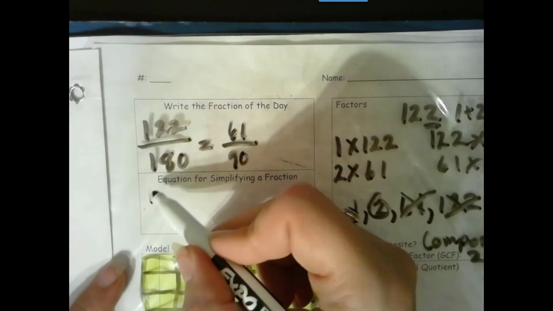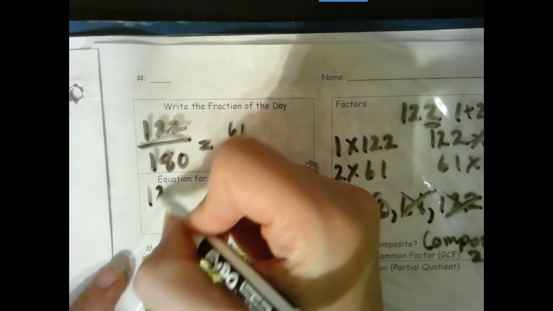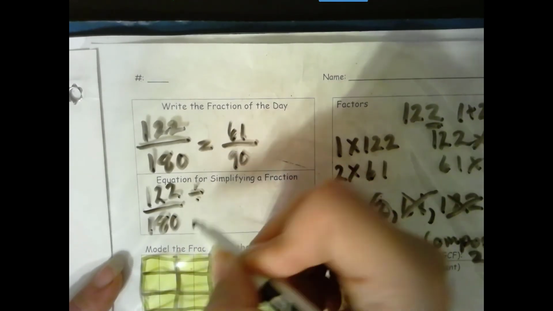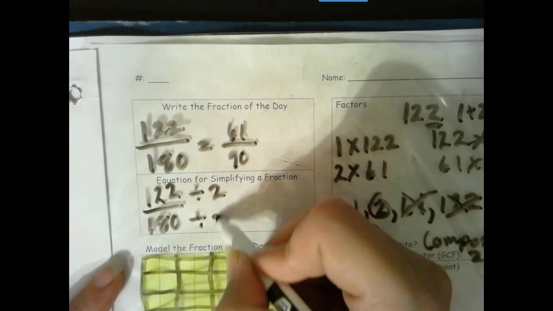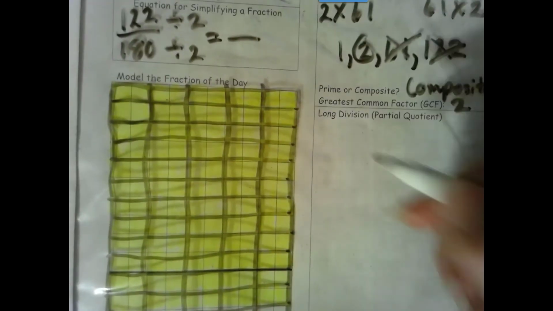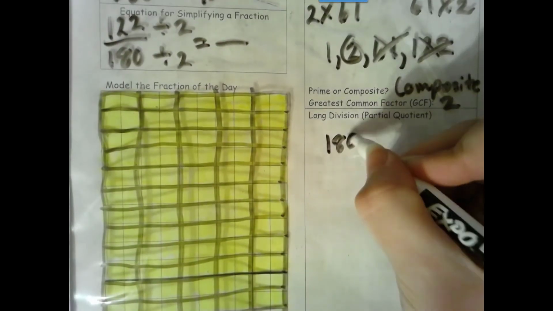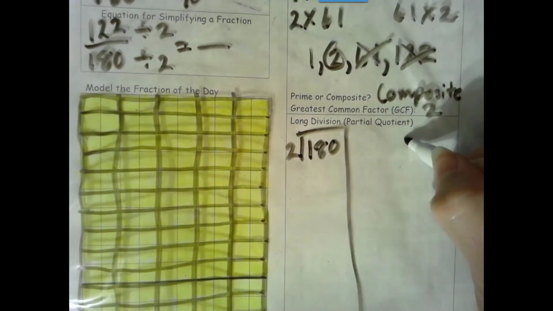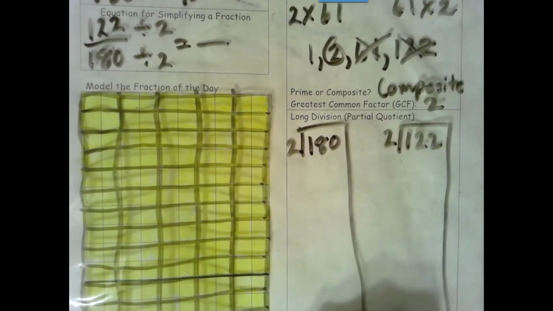Alright, now that we have done our division with our model, let's go ahead and divide using our algorithm. So I have 180 divided into groups of 2, or 2 equal groups, and 122 being divided into groups of 2, or 2 equal groups.